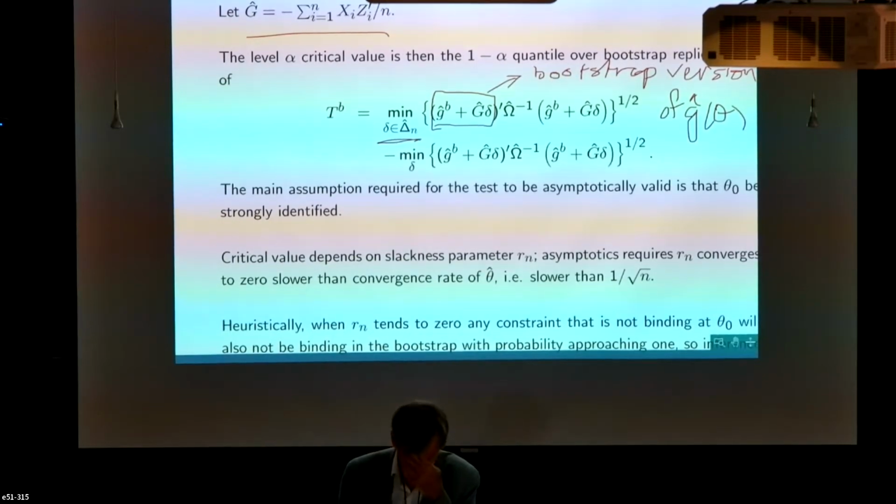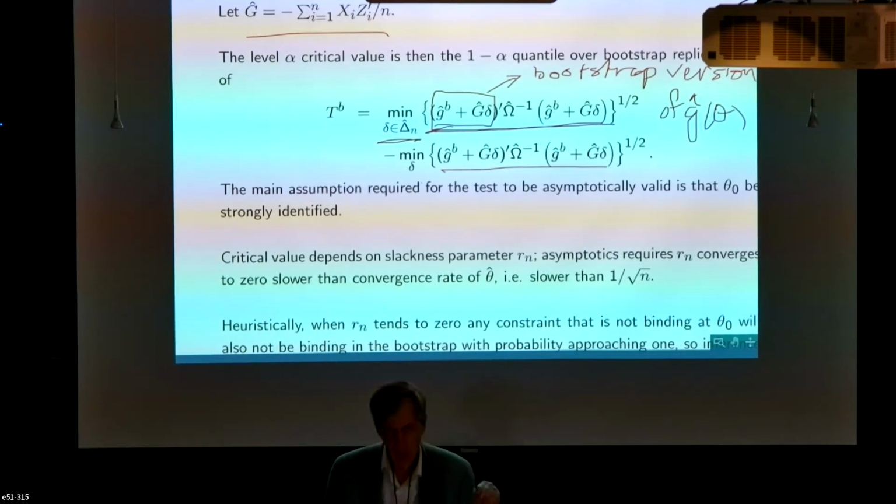Okay, which imposes the inequality restrictions with some slackness represented by R, and compares the restricted objective function, one over square root of the usual GMM restricted objective function, with the square root of the unrestricted objective function. Okay, and the root n has now passed inside.